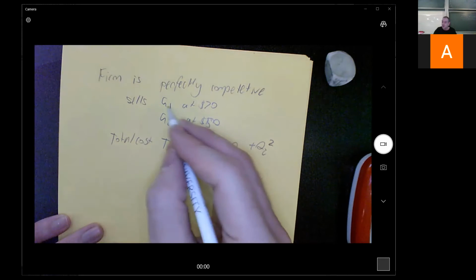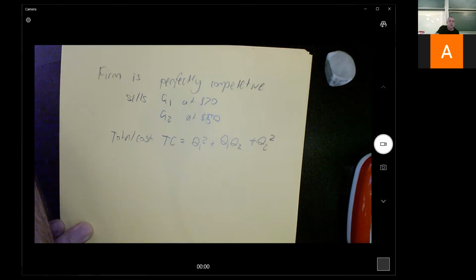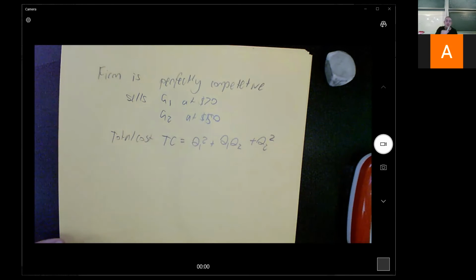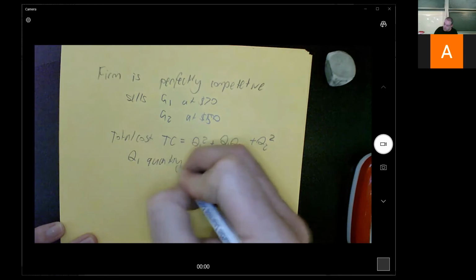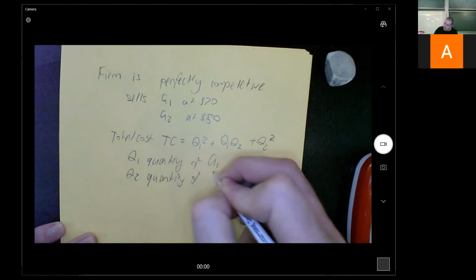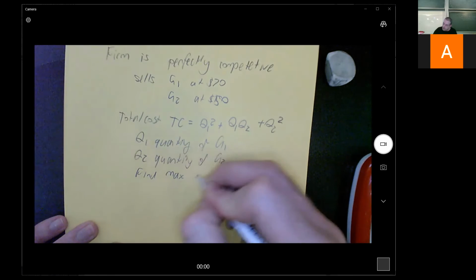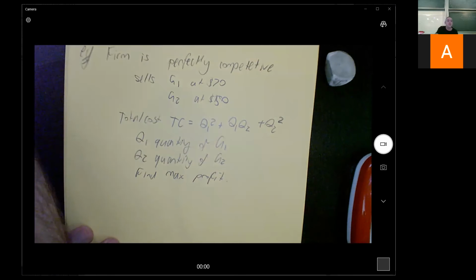I'm guessing that Q1 is the quantity of good number 1. Oh yes, that's what it says on my screen that the people online can't see. Q1 is the quantity of G1, Q2 is the quantity of G2, and find the maximum profit. Okay, this is the problem we're going to work on.